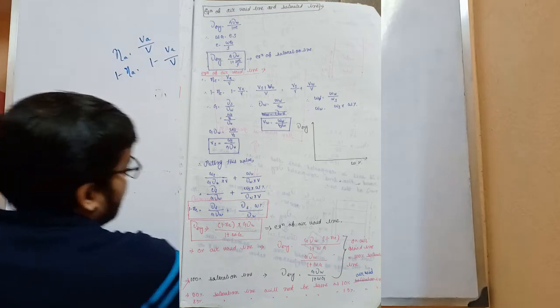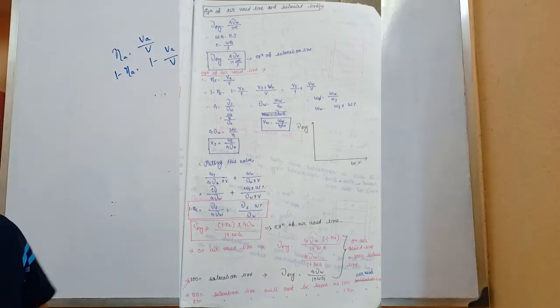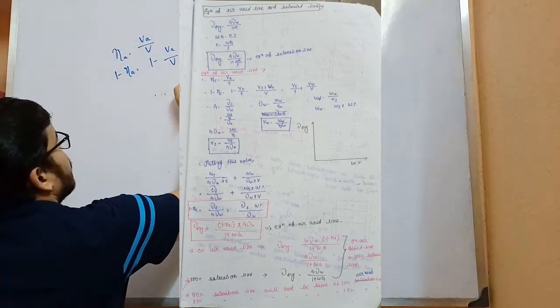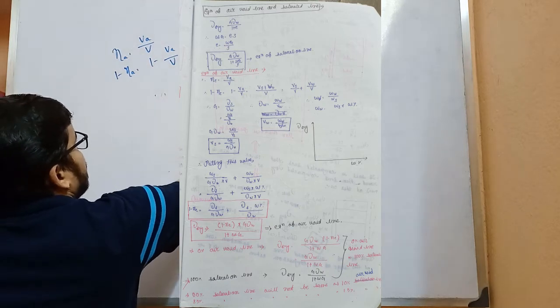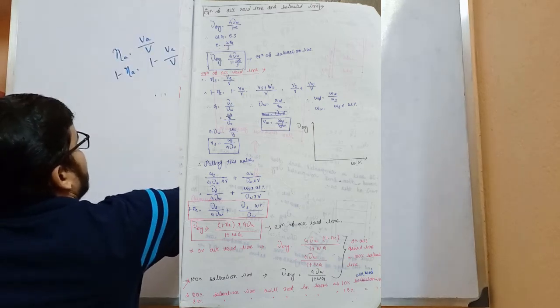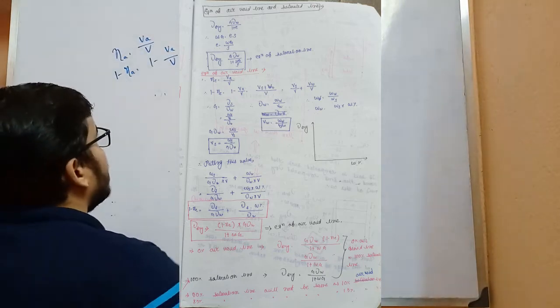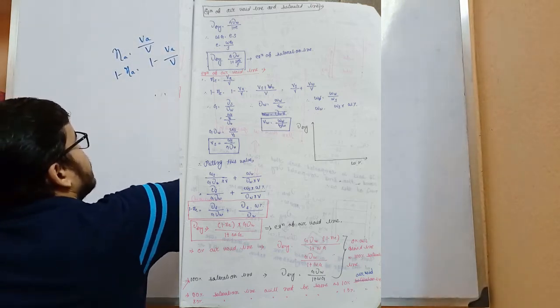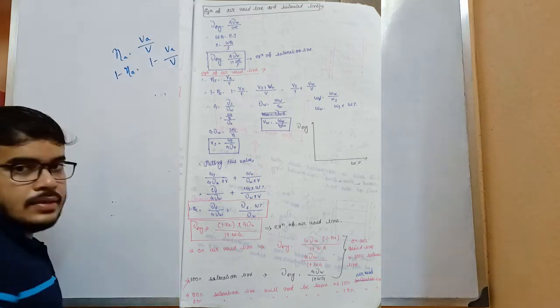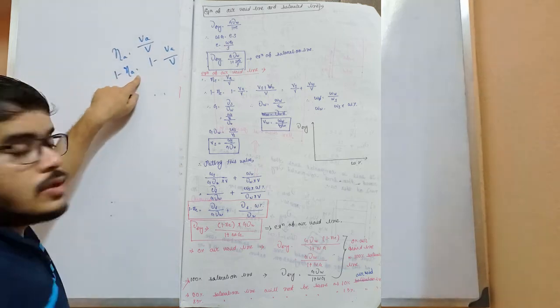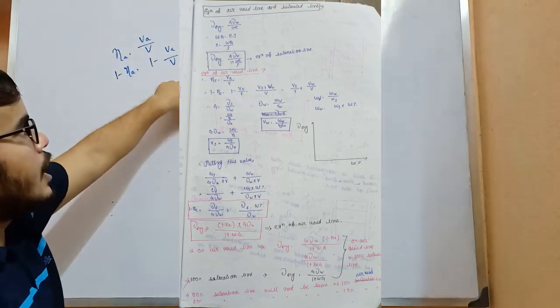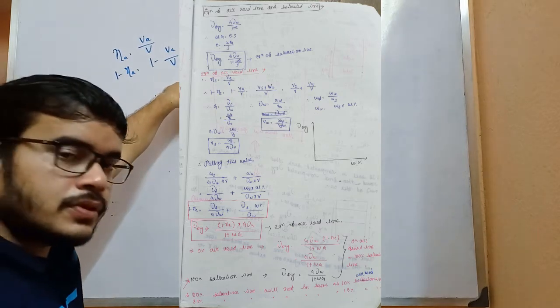The volume of solid and volume of water. Then the value is volume of solid plus volume of water by total volume. Now we have to get these two values, and then we can get the equation of air void line.